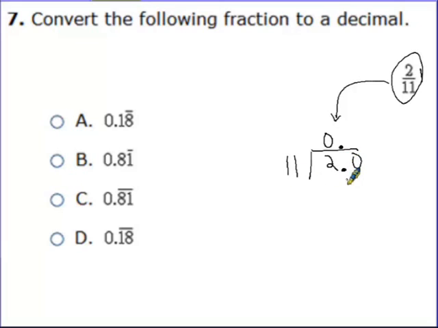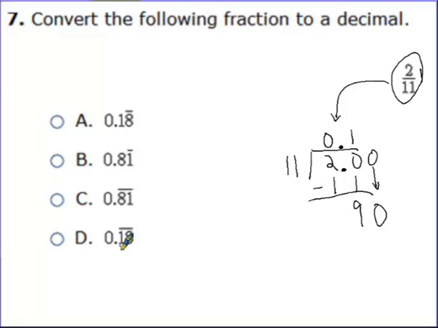11 will go into 20, just once. 1 times 11 is 11. And you can say, well, 20 minus 11 is 9. If I want to keep dividing, I add a 0, bring it down. Alright? So right now, it looks like we have 2 possible answers, because I have 0.1 something.